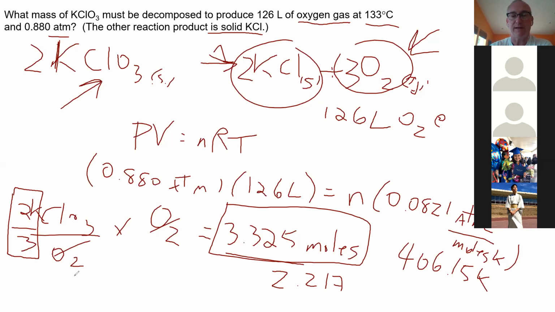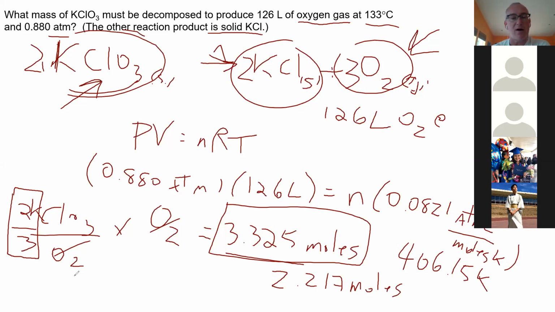Because for every 2 moles of perchlorate, you get 3 moles of oxygen. If you have a little more than 3 moles of oxygen, you have to have a little more than 2 moles of perchlorate. It's a 2 to 3 ratio. So that's how many moles of this you have.